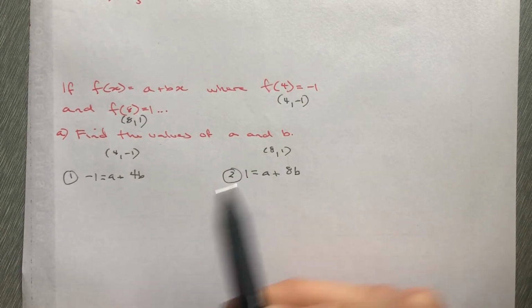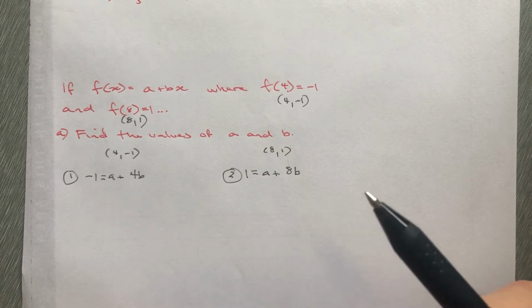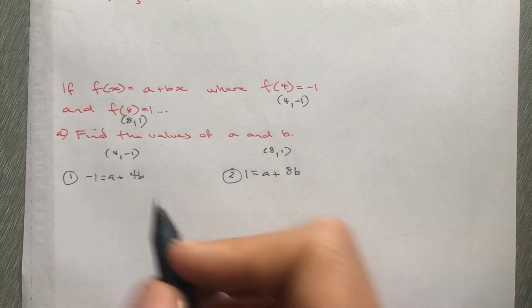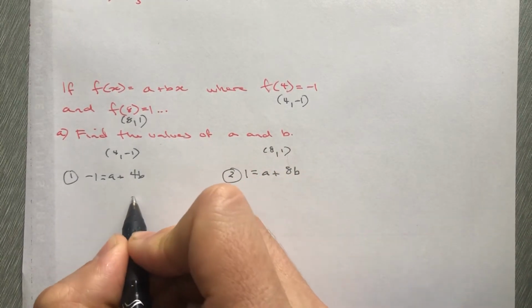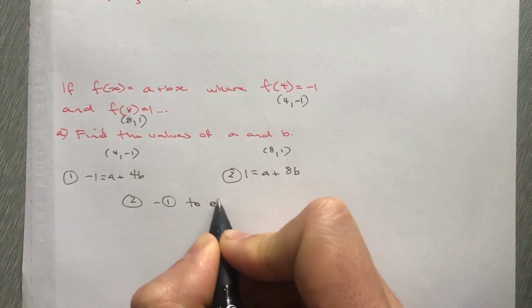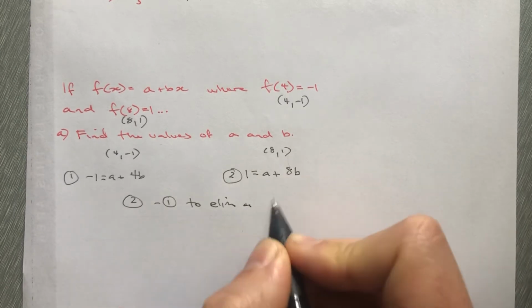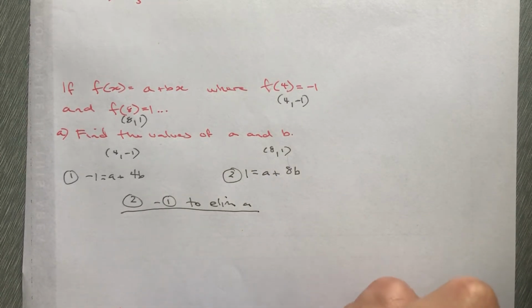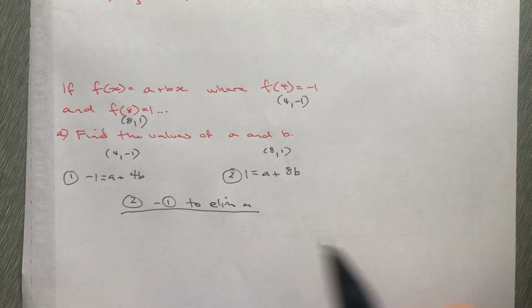If I do 8b minus 4b, it's going to be a positive, and I prefer to work with positives. So that's what I'll do, and I'm doing that to eliminate a. And if I eliminate a, that should give me an answer for b, which will happen now.